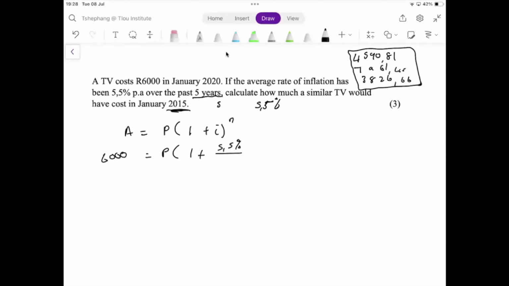I'll just say over 1, sorry, because it was not monthly, I just need to divide by 100 only. Because I'd already written it in fraction form, I can just say it's 5.5%. For how long? 5 years. Then we know that our P is simply going to be 6,000 divided by (1 plus 5.5%) to the power of 5. And that should give you how much?